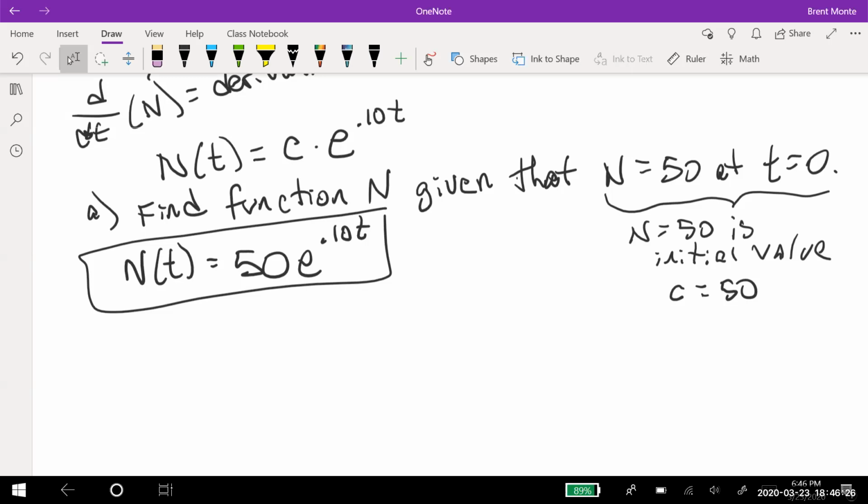Now, again, if you're having trouble believing that that's what C is, you could always say, okay, going back here, here's my little proof.